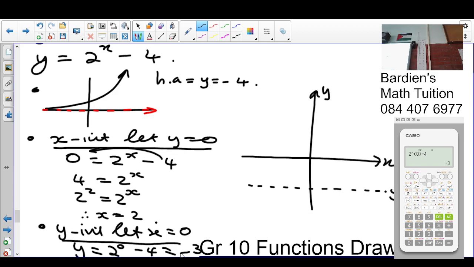Okay. So it's going to cut your x-axis at 2 and your y-axis at -3. So freehand, as we drew the other graphs, parabolas and hyperbola, there's our graph. Okay. Your exponential graph.